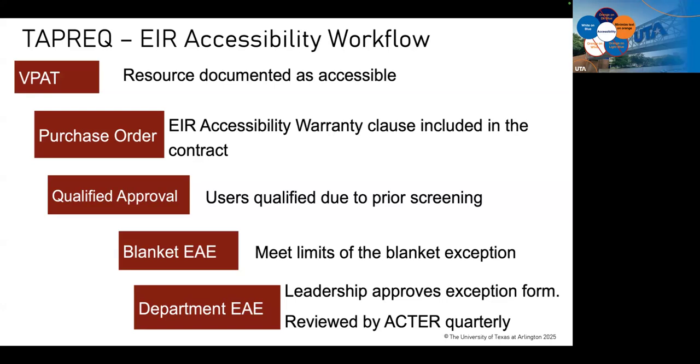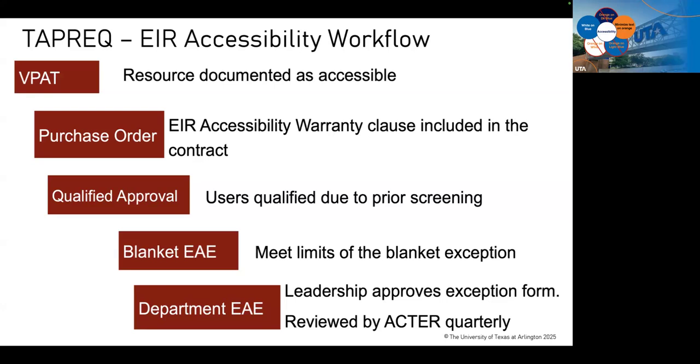We bought software that was going to run on laptops inside police vehicles. So it's only going to be used by on-duty police officers. Okay, well, that's a pre-qualified population. So we're okay with approving that request for that software because it's unlikely that we're going to be exposing the university to any risk or failing to serve those employees.